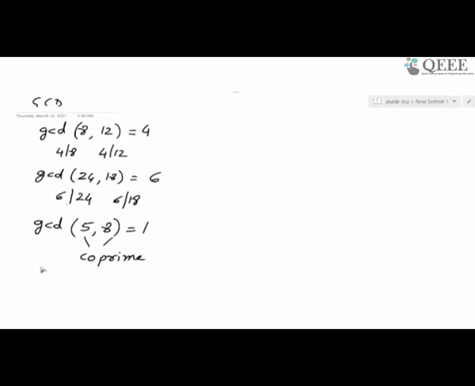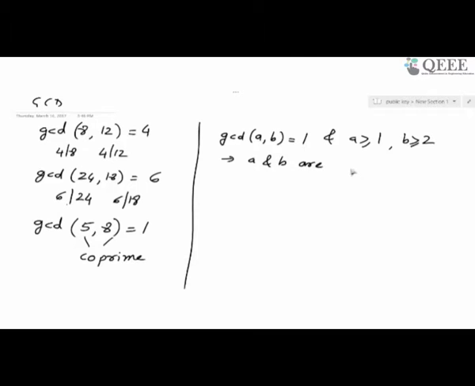Therefore, in general, if GCD of A comma B is equal to 1, and A is greater than or equal to 1 and B is greater than or equal to 2, then A and B are said to be co-prime or relatively prime.